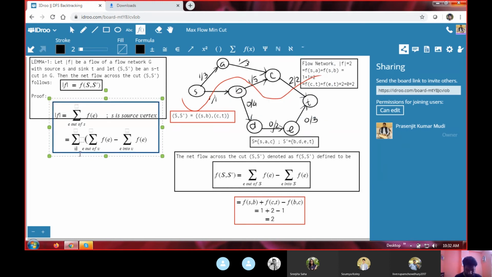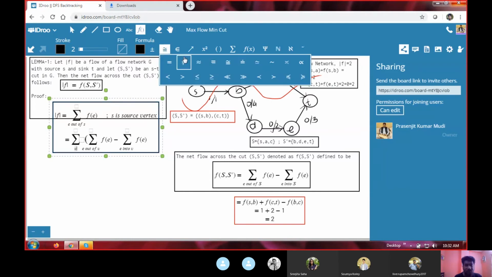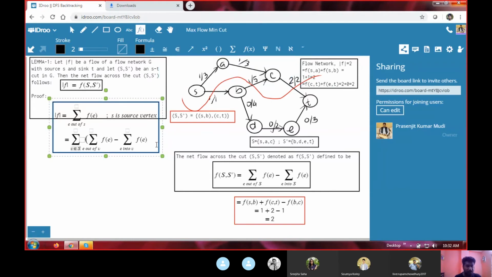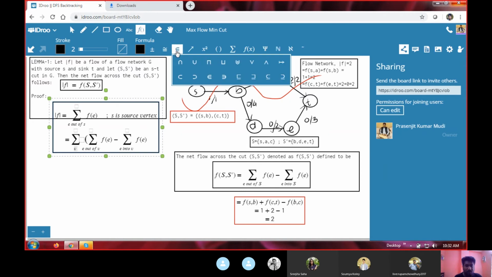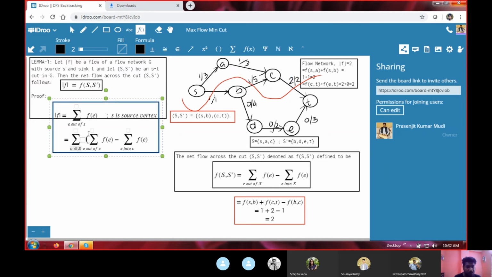So it is v belongs to capital S. Okay, so this is true. So the summation for all the vertices belonging to capital S, meaning S, A and C. So all these three vertices.